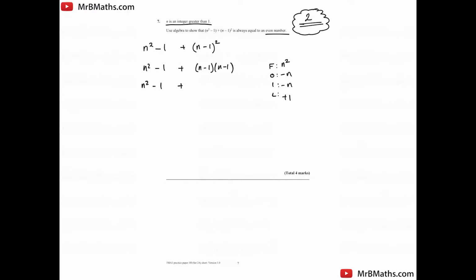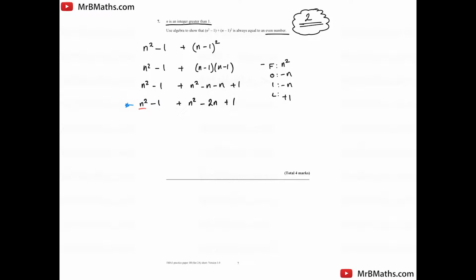So if we write all of this here to the left, we end up with n squared minus n minus n plus 1. So simplifying this, we end up with n squared minus 2 lots of n plus 1. Now at this point, we can collect some like terms.